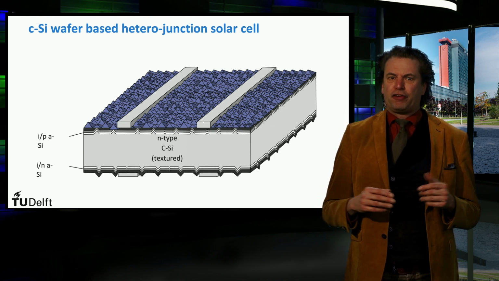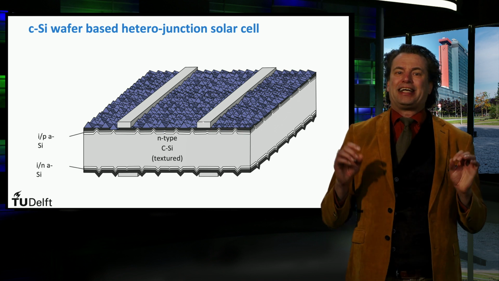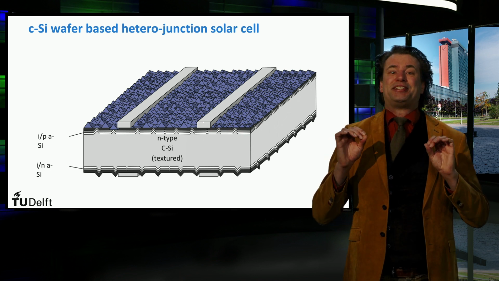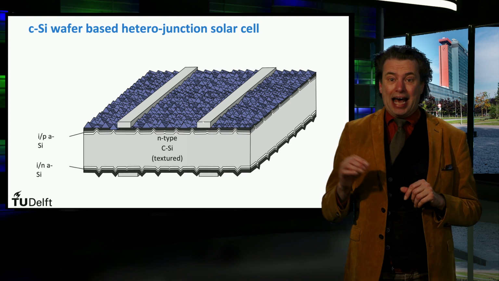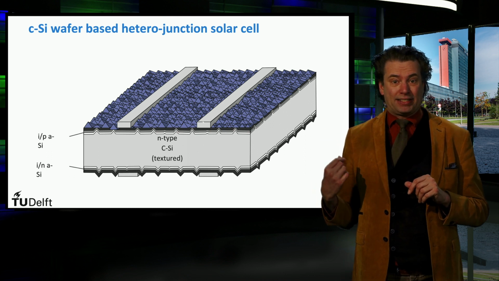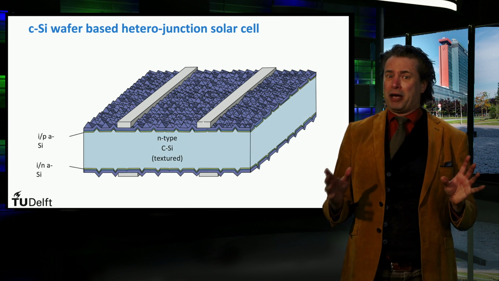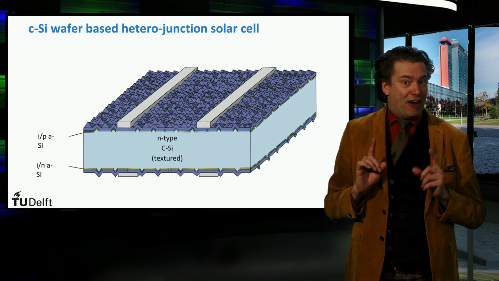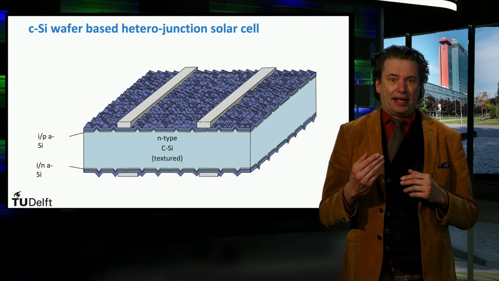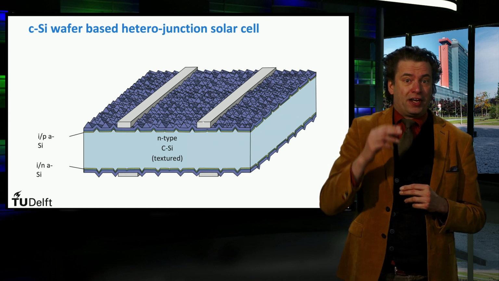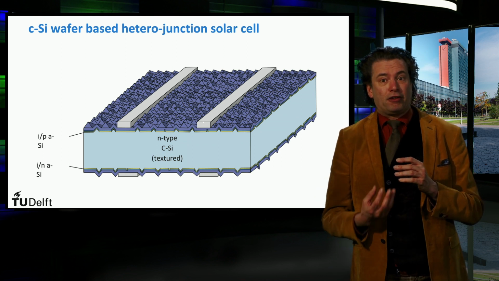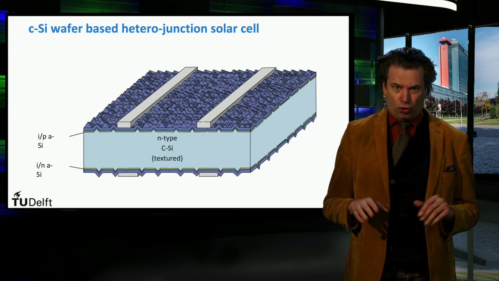An advantage of the heterojunction solar cell concept is that it allows to introduce the same contact scheme at the n-type backside. It means that this solar cell can be used in a bifacial configuration. It can collect light from the front and scattered and diffuse light falling on the backside of the solar cell.